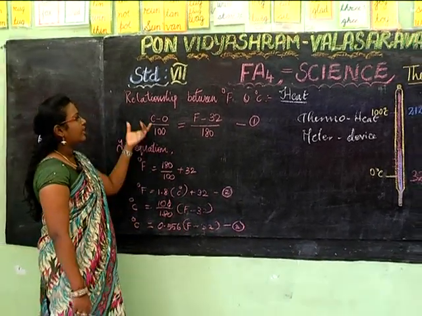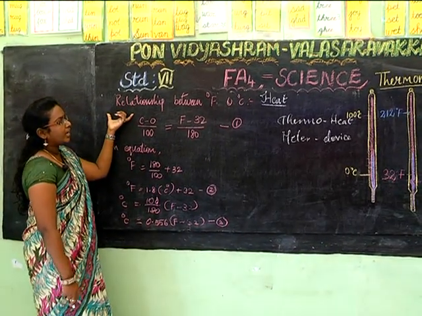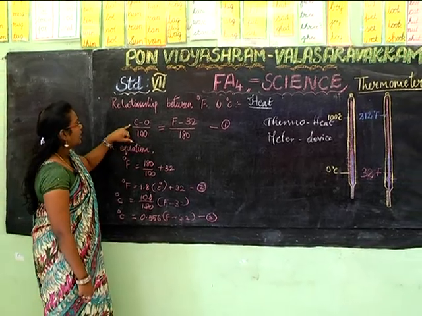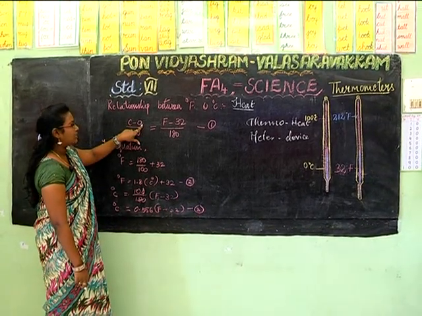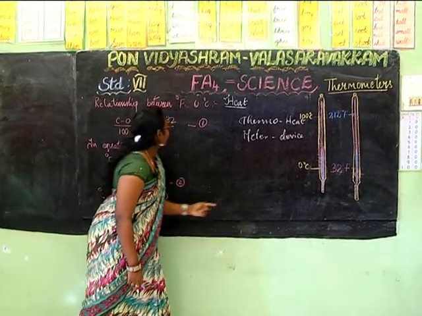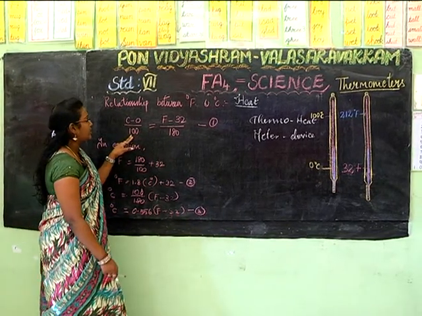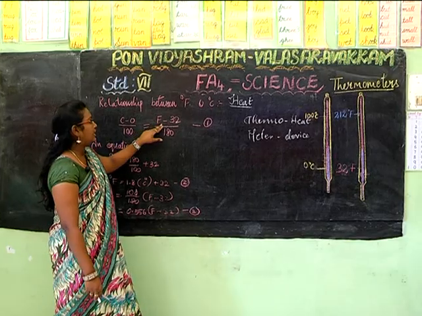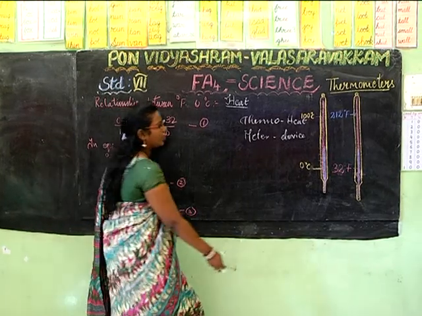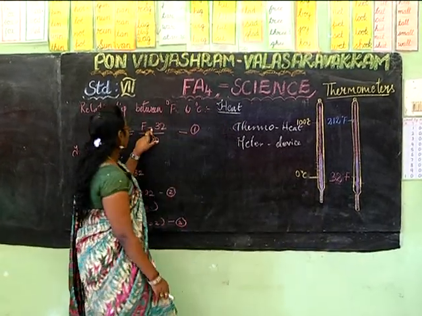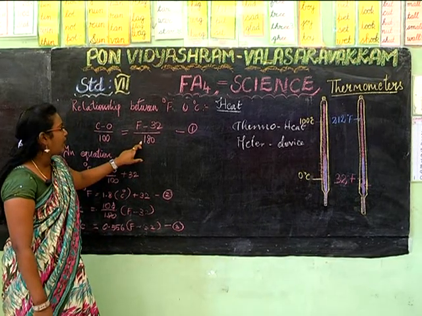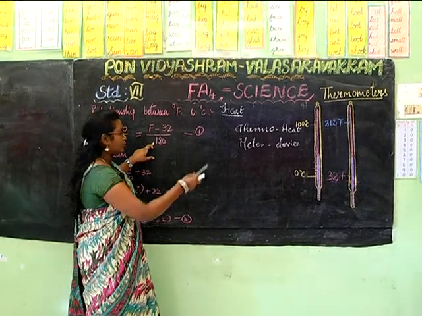The relationship is: Celsius minus 0, the lower fixed point, divided by 100, the upper fixed point, is equal to Fahrenheit minus 32, the lower fixed point, divided by the 180 parts in between.